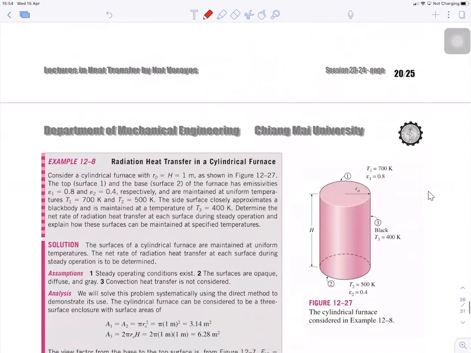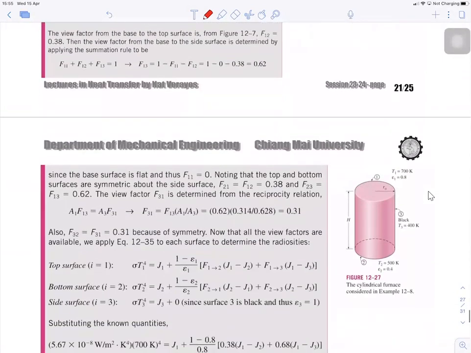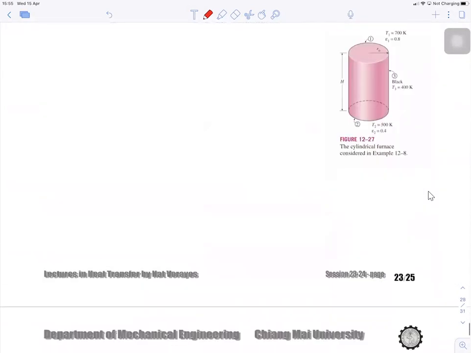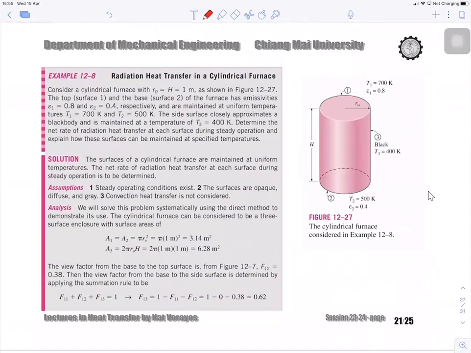Now, let's get to the example. Here is an example of a furnace in cylindrical shape, and it talks about radiation heat transfer within the furnace.